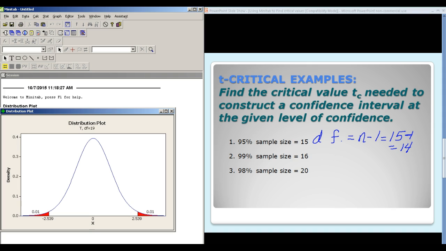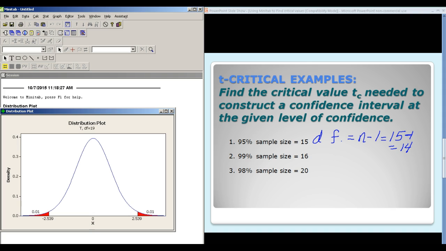Click OK. And it has split up that 2% into the tails as 0.01. And there are my t-critical of 2.539.